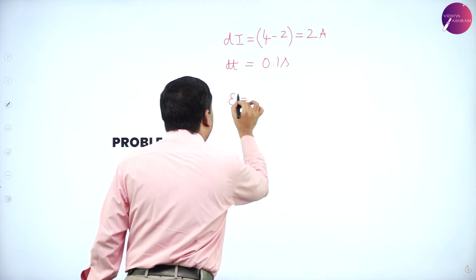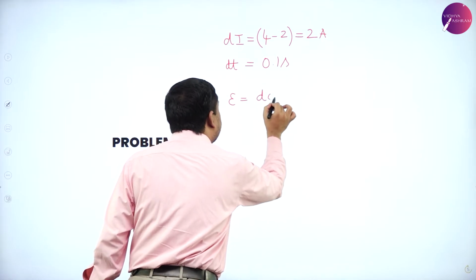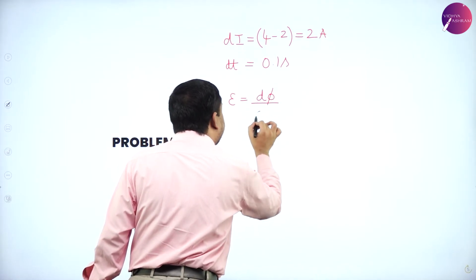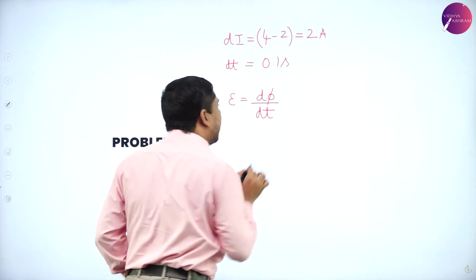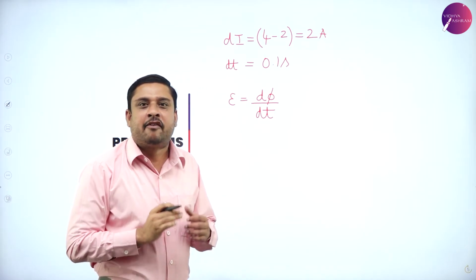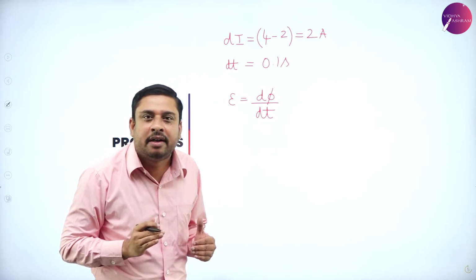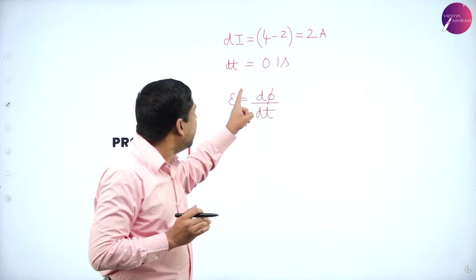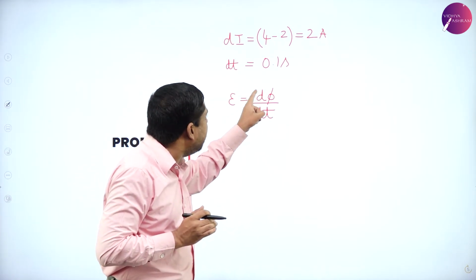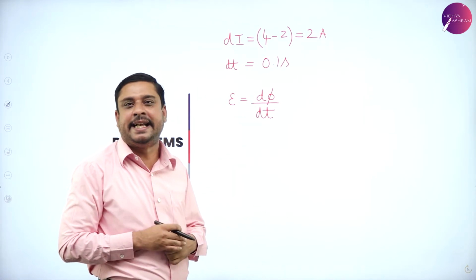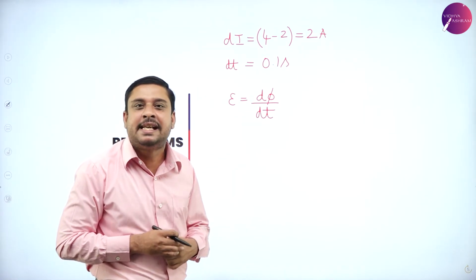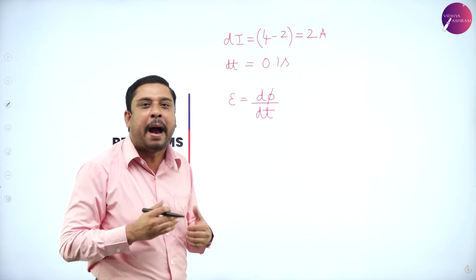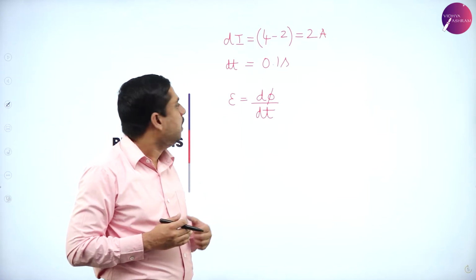Phi or E is d phi by dt. From Faraday's law, the induced EMF equals d phi by dt. I am just taking the magnitude.